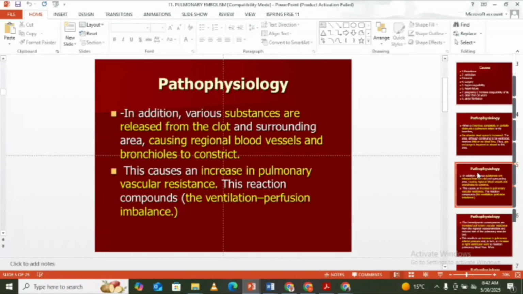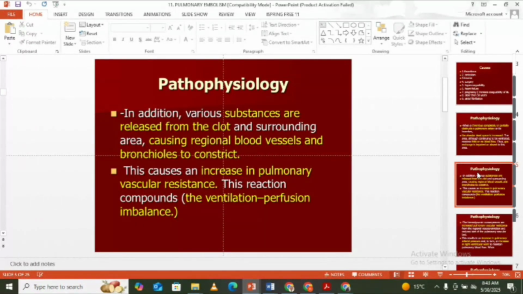In addition, the various components that will be released from the clot that has formed and obstructed will cause the regional blood vessels and the bronchioles to constrict, and that's going to create a ventilation perfusion imbalance, because there is less blood coming in for oxygenation.